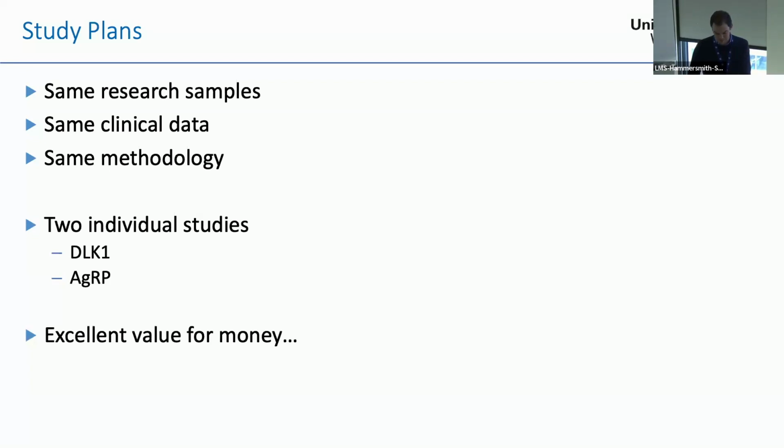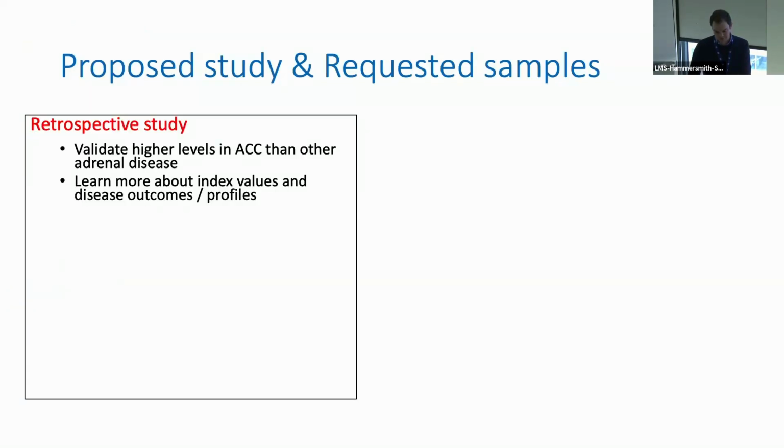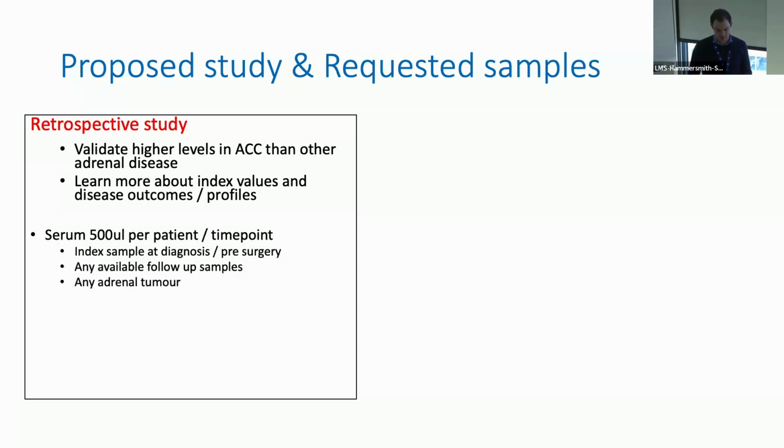So for the retrospective side, the proposed study is looking to validate the fact that there are higher levels in ACC than other adrenal disease, and to learn a bit more about the index values and disease outcomes. So we're asking for a serum sample, your standard SST tube, any saved serum.